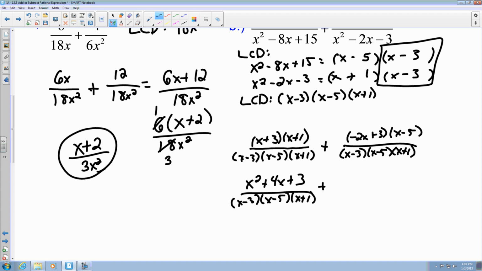Plus, and now if we were to FOIL out our second fraction in the numerator, it would be negative 2x squared plus 13x minus 15 all over x minus 3, x minus 5, x plus 1.